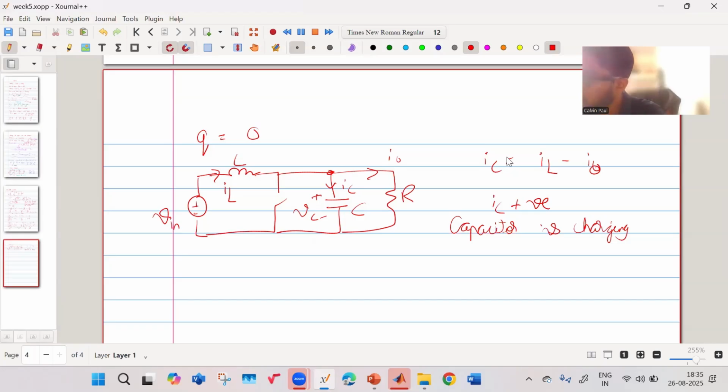The inductor is transferring energy to the load. Yes, so the energy stored in the inductor in the previous case is transferred to your load and to your output capacitor as well.